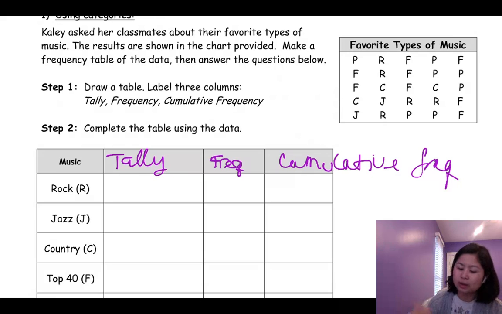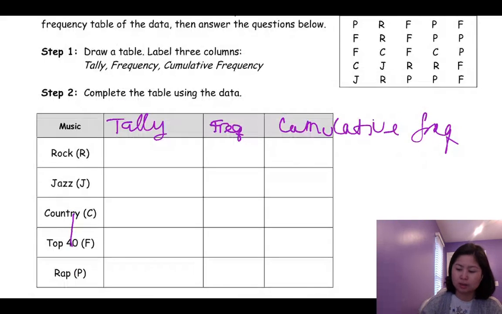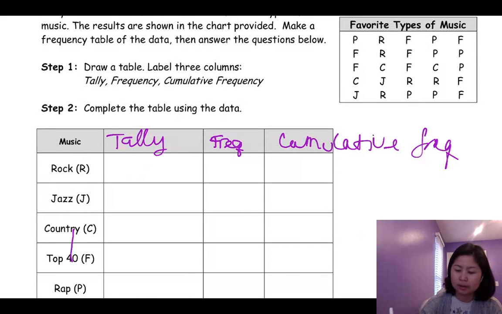So how do you find the tally? If I look over here, rock is R, jazz is J, country is C, top 40 is F, and rap is P. I go back and look at my table and fill it in. There's one P, so I make the tally.